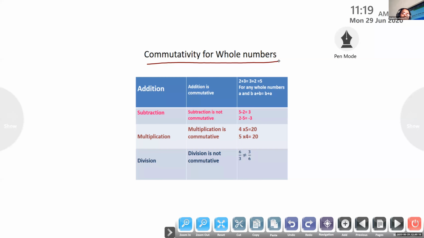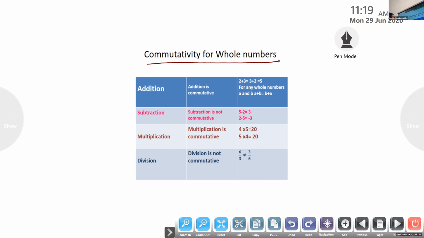Okay. Now we will move to the commutativity of whole numbers. Commutativity you studied last year, in 7th standard, for whole numbers and integers. This year we will study commutativity for rational numbers also. Still, once we will pass through the commutativity of whole numbers.